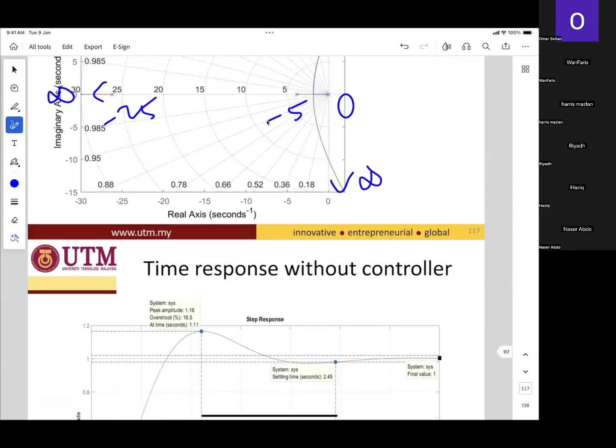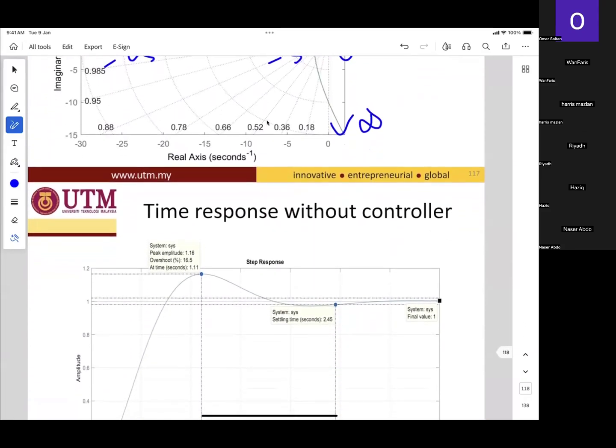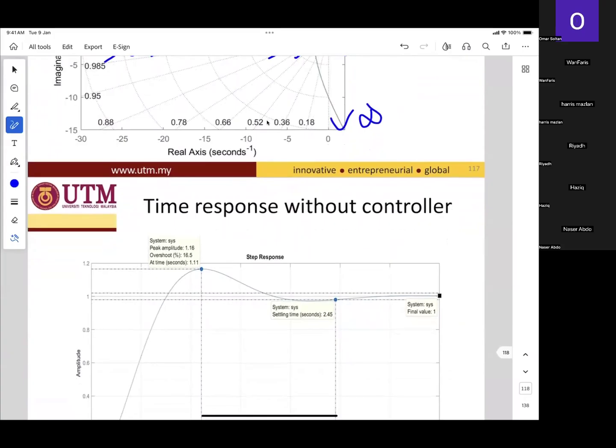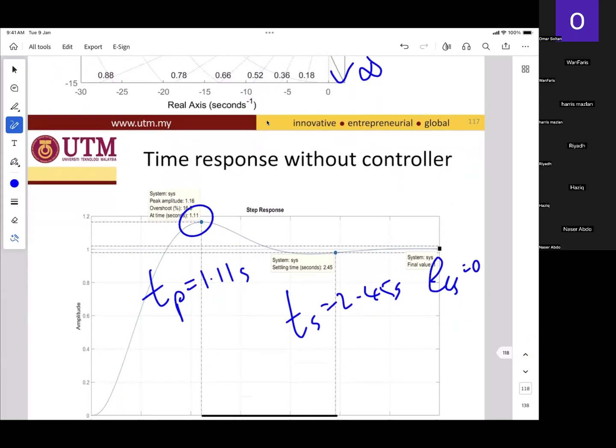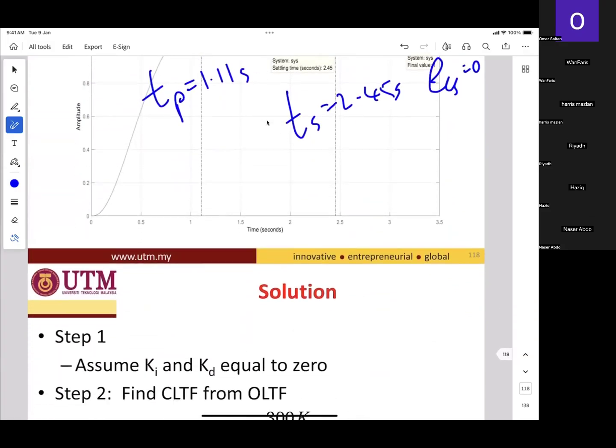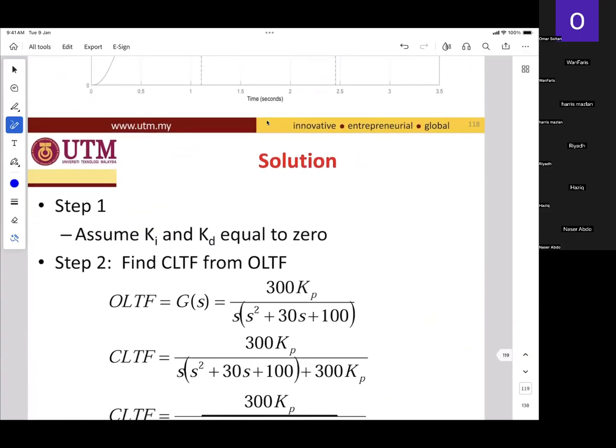And the time response with one controller: peak time 1.11 seconds, settling time 2.45 seconds, and of course the steady state error is 0 because our system is type 1. Then start with procedure number 1, which is to assume Ki and Kd equal to 0.